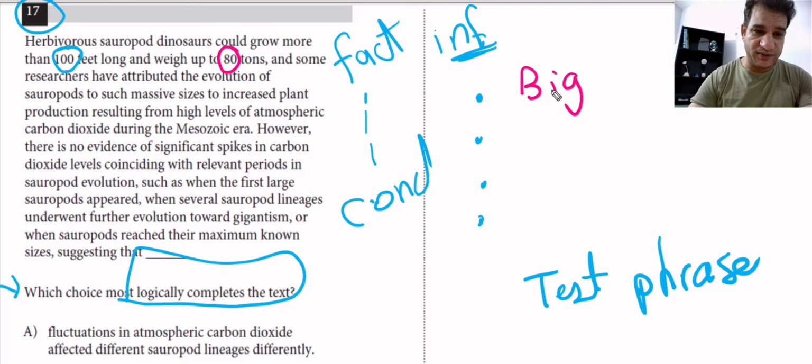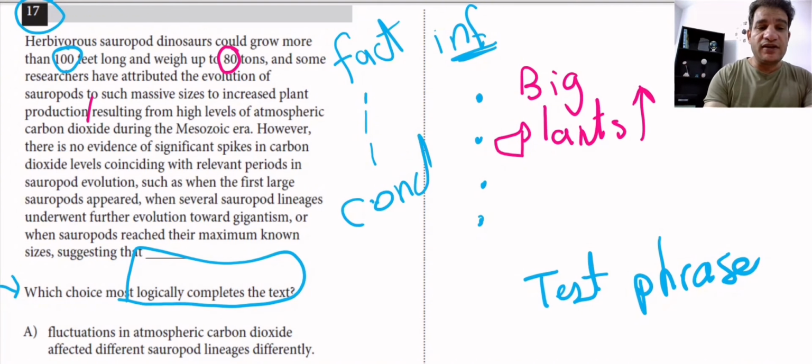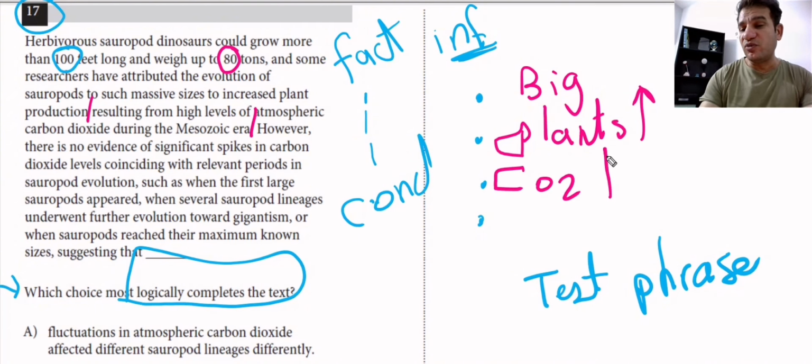And some researchers have attributed the evolution of sauropods to such massive sizes to increased plant production resulting from high levels of atmospheric carbon dioxide during the Mesozoic era. So this increased production in plants is because of the high levels of carbon dioxide in the atmosphere.